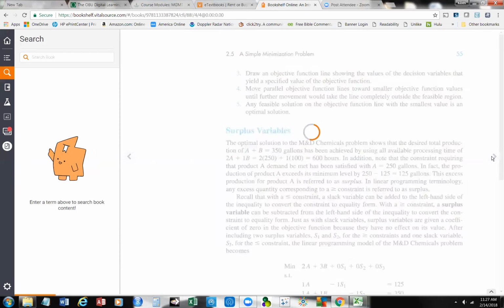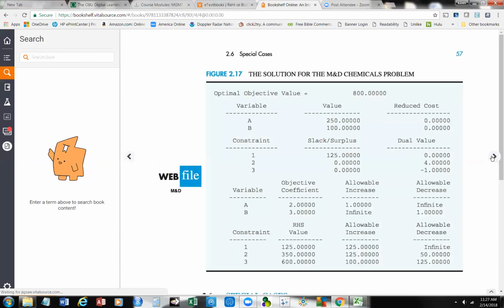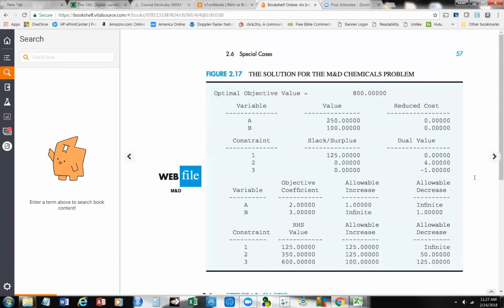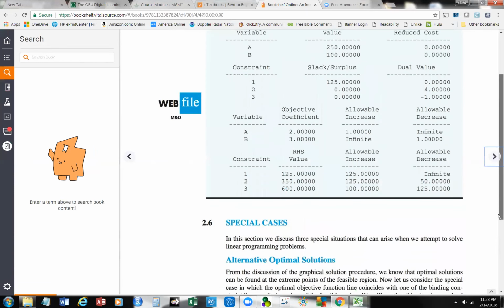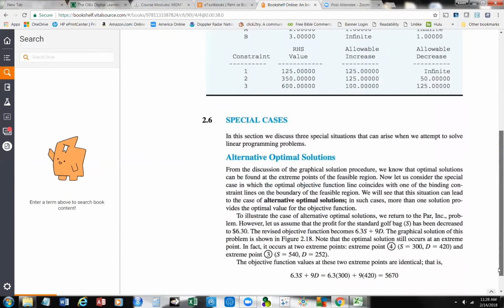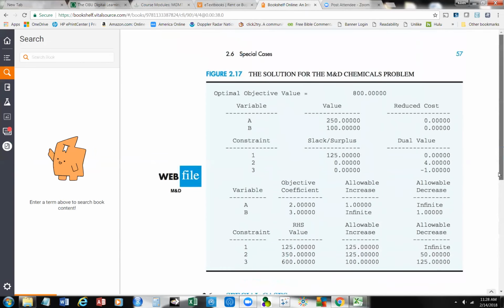But a key piece of this is the verbiage and the speaking about the solution. What is it telling us? Interpreting that data. What is this telling us?